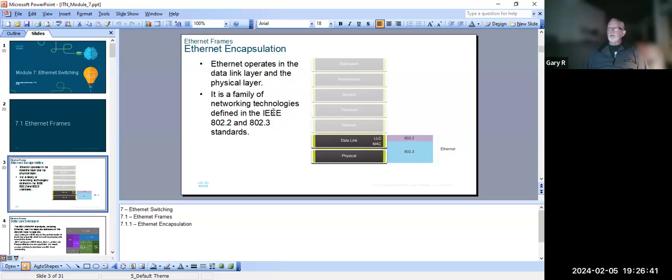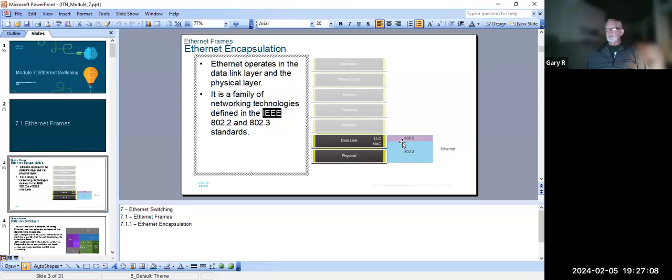And we also have IEEE standards that were written, and these standards, the 802.2 standards, encompass only the LLC, but the 802.3 standards created by the IEEE actually encompass the lower half of the data link layer, the MAC layer, and the physical.